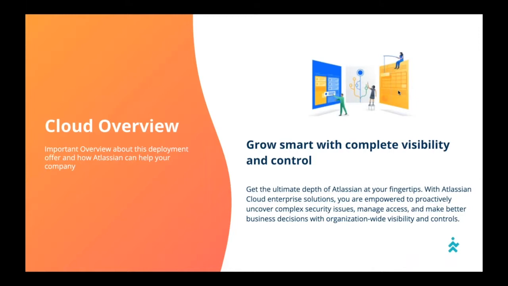So they are focused on new features in cloud. So they will be basically improving year by year, month by month, with new features, with new functionalities of cloud. So they can grow smart, and your company can as well, because we are receiving new features, we are receiving new functionalities. They can help you as well.